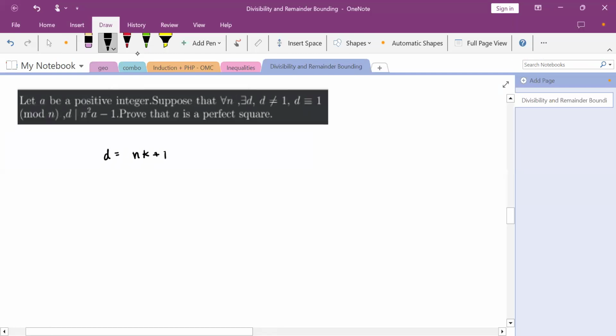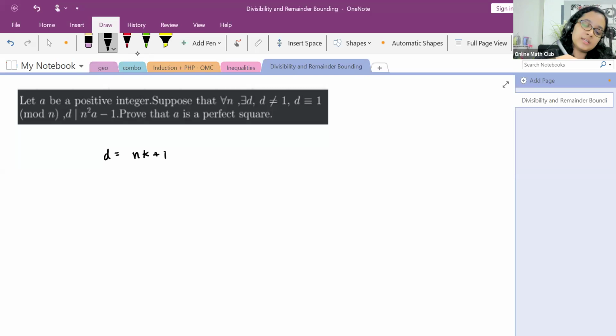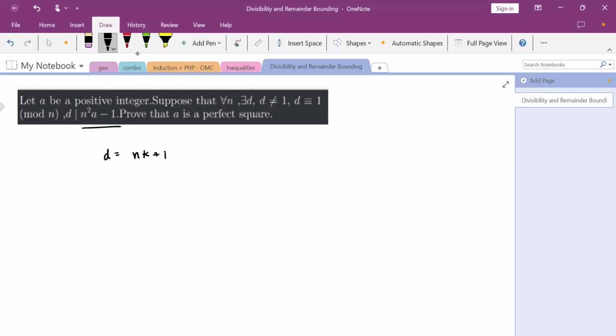Like here there are 3 variables, but we have been dealing with 2. So can we not somehow remove the third? It's that given any N, there exists a D such that this is true. So you can't exactly get rid of a variable, but you can replace D with some NK plus 1. You still have 3 variables, but now it's easier to deal with, like the condition that E is congruent to 1 mod N.